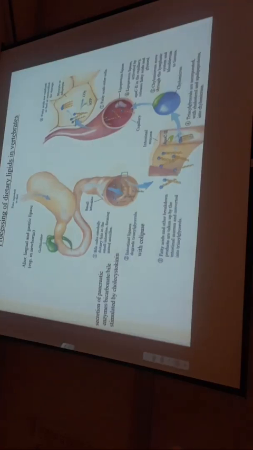So what happens next is that the breakdown products of this enzymatic activity are, interestingly enough, taken up by the intestinal mucosa, so the cells of the intestine, okay, and are converted into triacylglycerols again.